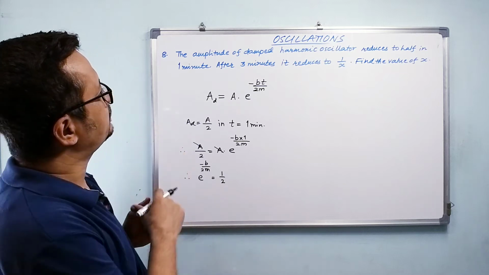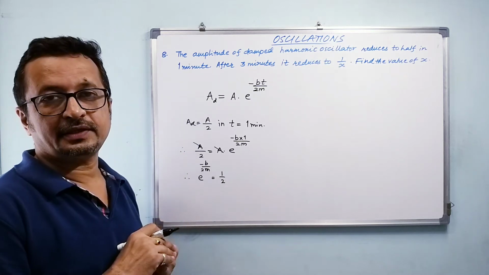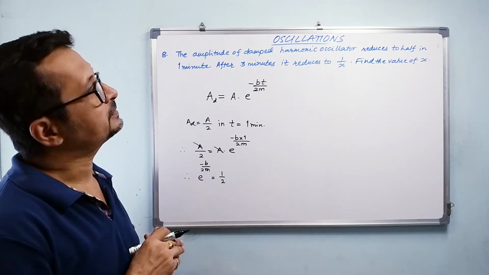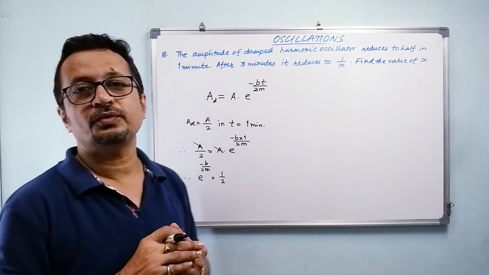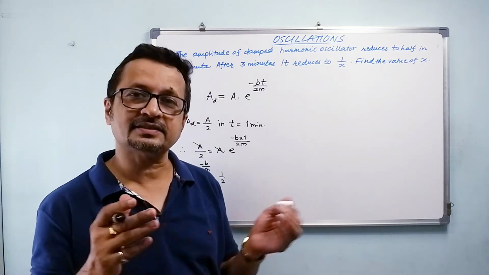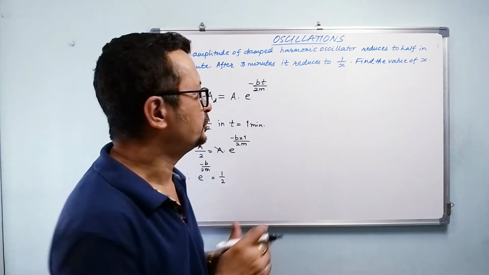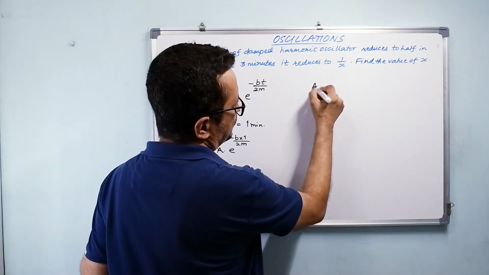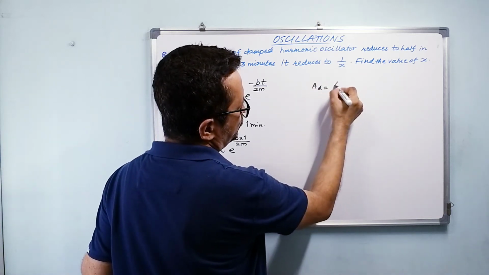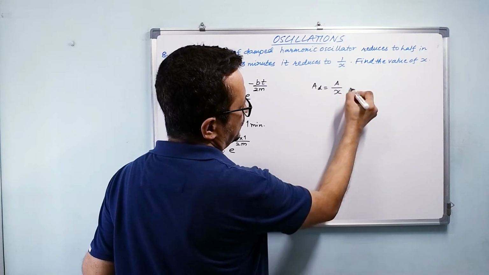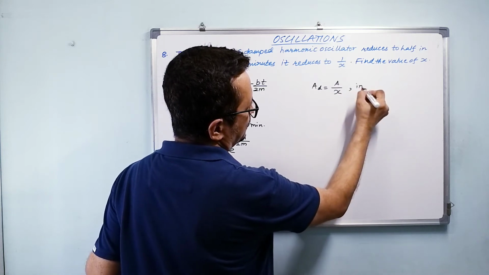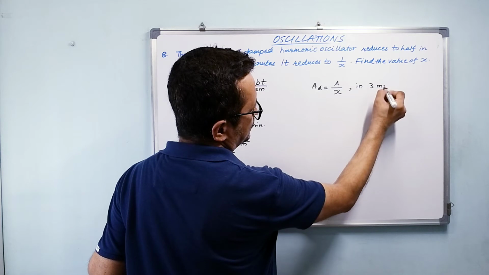Now let us substitute the second condition. After 3 minutes it reduces to 1 by x, so 1 by x times the original amplitude. So AD would be equal to A by x in 3 minutes.